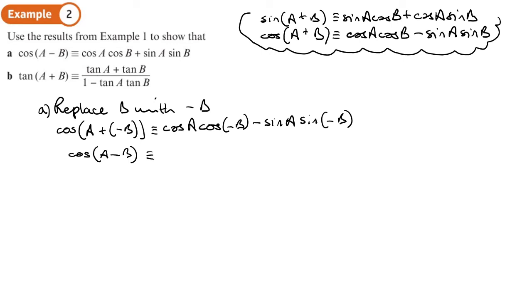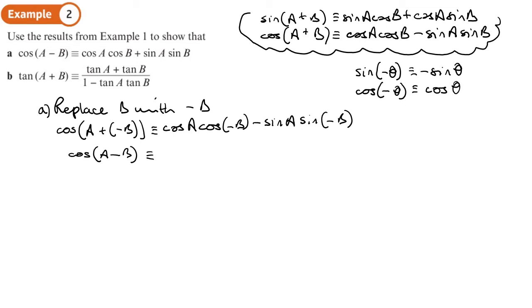You'll remember these identities, that if I've got the sine of negative theta, it's equivalent to negative of sine theta. And if I've got cos negative theta, that's cos theta. Let's draw that theta a little bit better. And I'm going to use those, right?